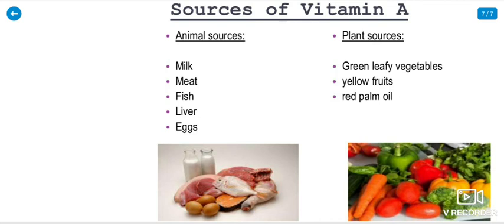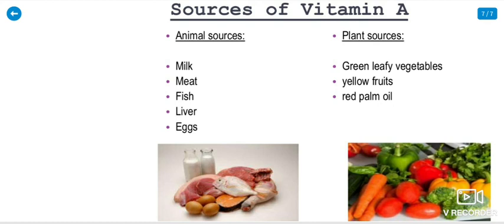Plant sources are also available: green leafy vegetables, yellow fruits, and red palm oil, which is one of the oils.